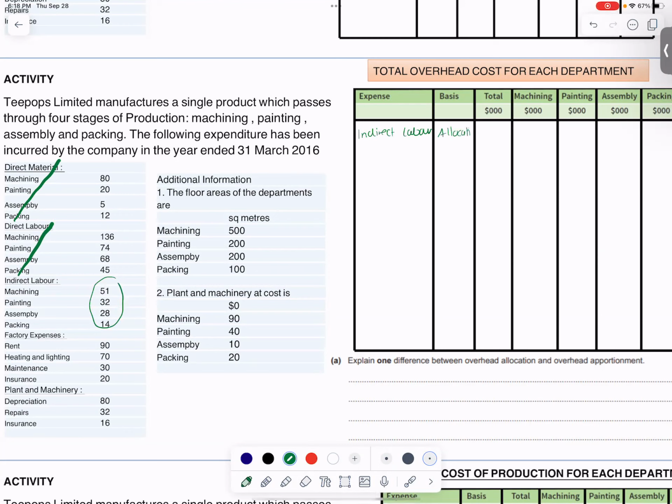I will take the amount and put it. Pick and put is what? Allocation. If I have to apportion, if I have to distribute, then it is what?